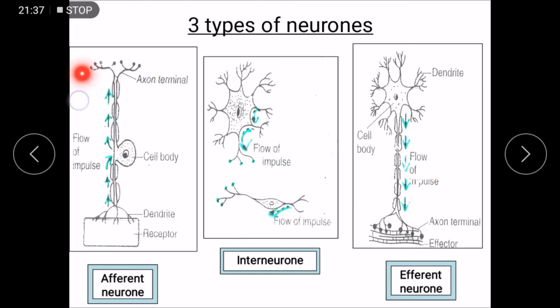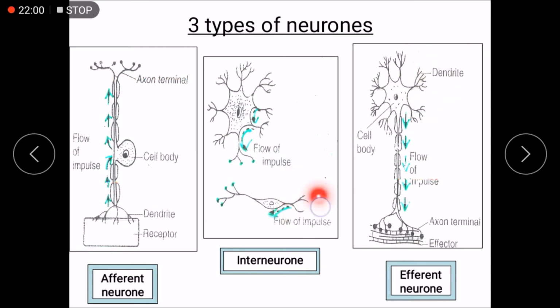For afferent, same thing, starting with dendrite, finishing with axon terminal, but the cell body is at the beginning part, at the dendrite part. Dendrite is the starting. Here starting, here starting, so all these are dendrites.